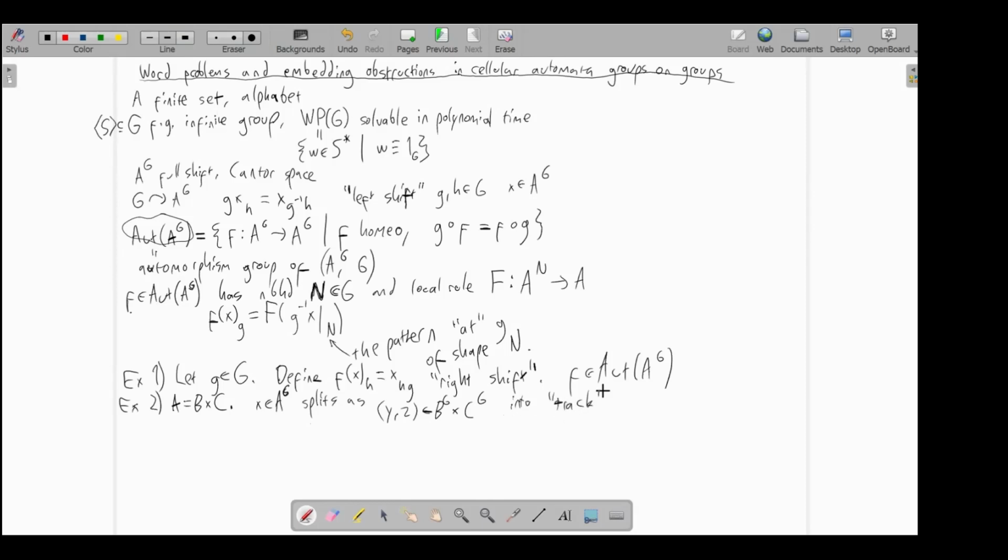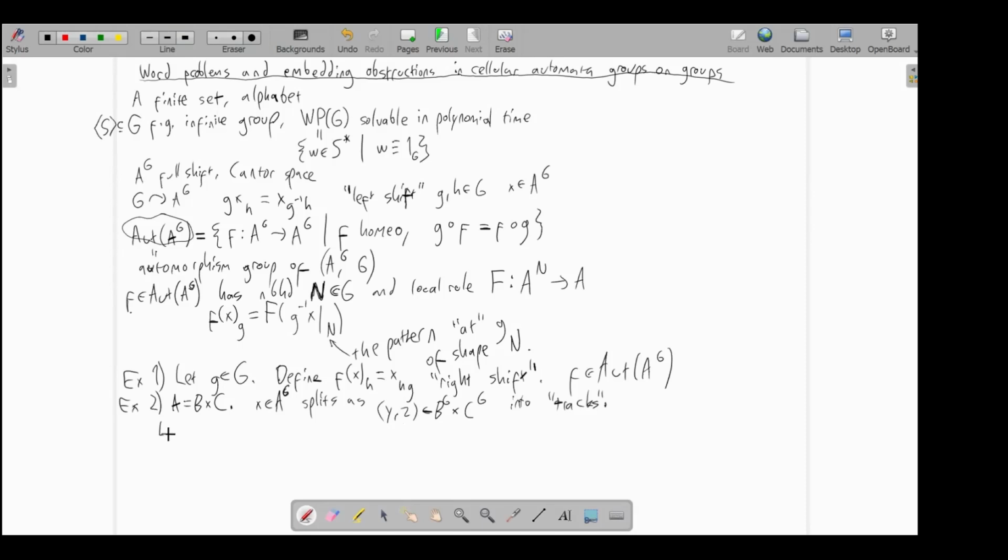This is cellular automata terminology. So if the alphabet has a Cartesian product structure, then you have a natural set theoretic isomorphism from B times C to the G to B to the G times C to the G. I'm sure that you see what I mean. The symbol at H is just taken from X, and you split it in these two.